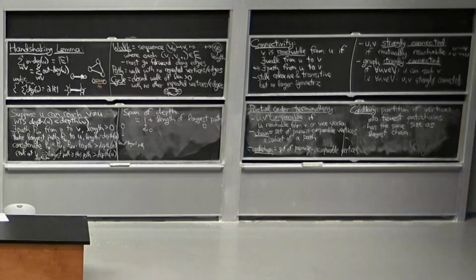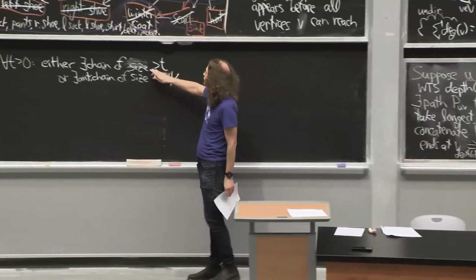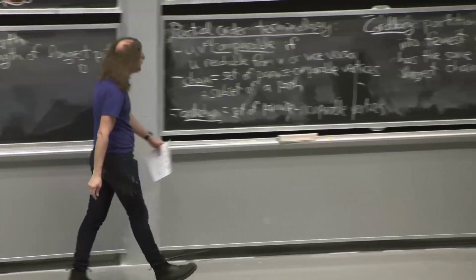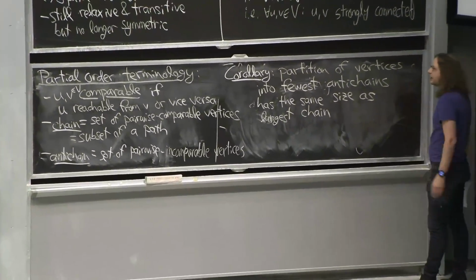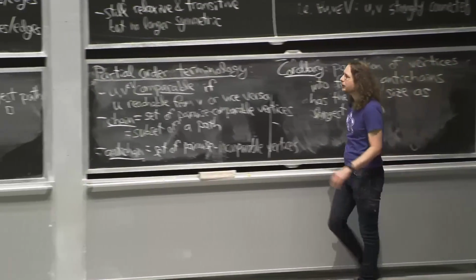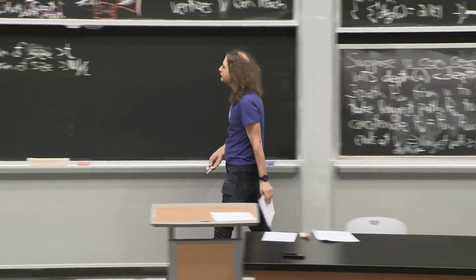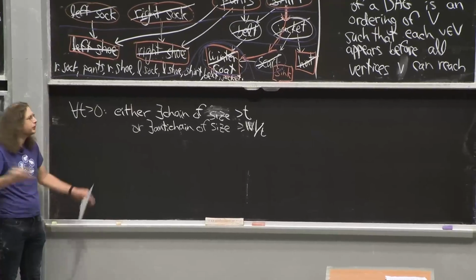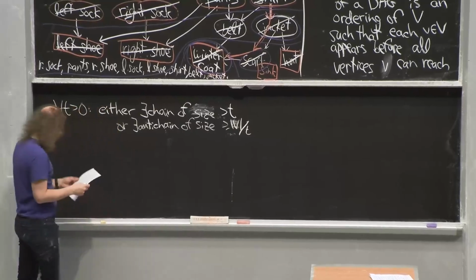Okay, this just follows from thinking about the partitions. Suppose all the chains have size at most t. Then I know I can partition into t antichains, since all the chains have length at most t. And that means that the longest antichain has to be at least v over t, because all the vertices get covered by the partition. And so the biggest one is going to be bigger than the average. So you can use it to do that.